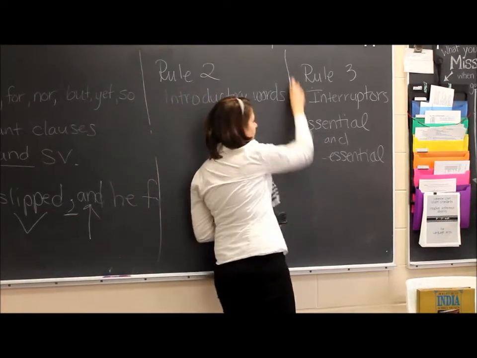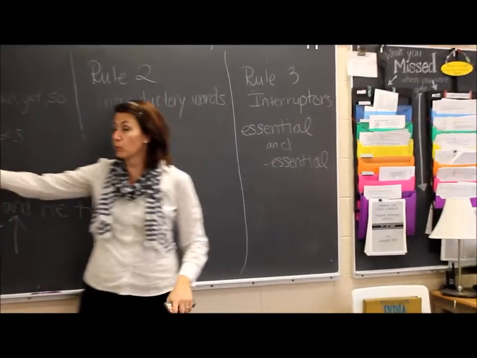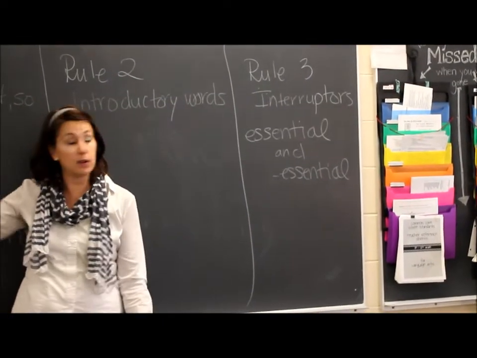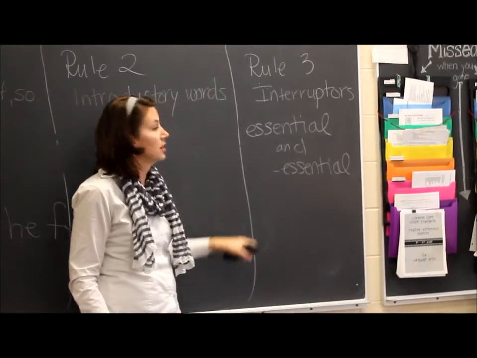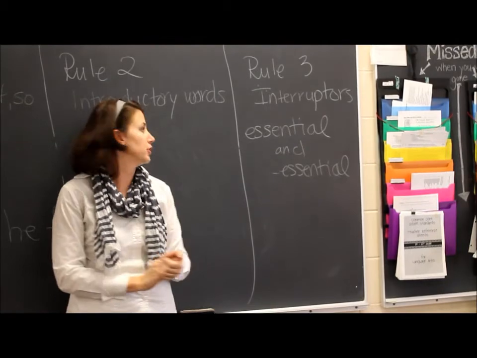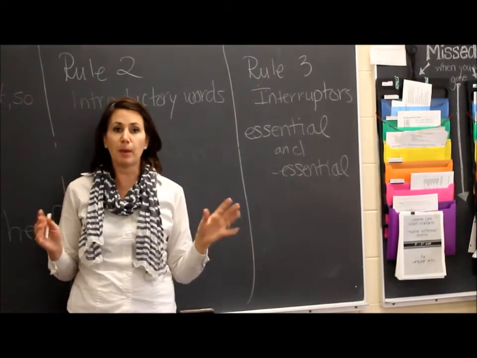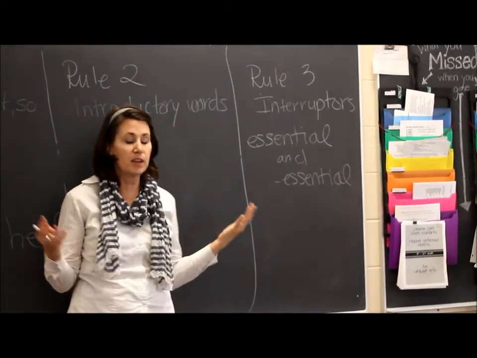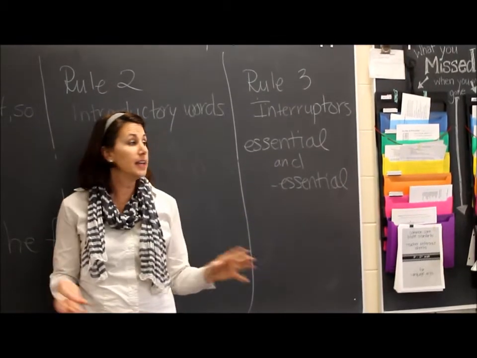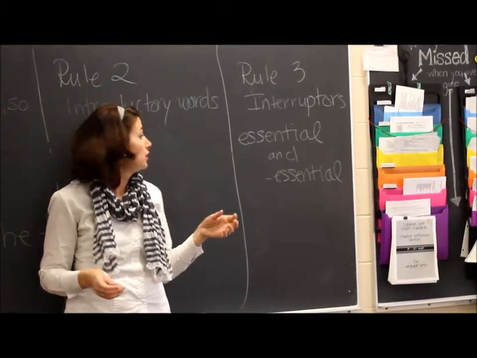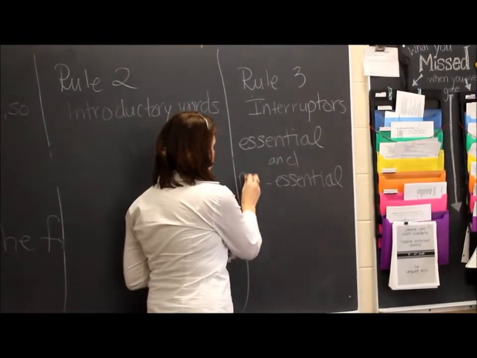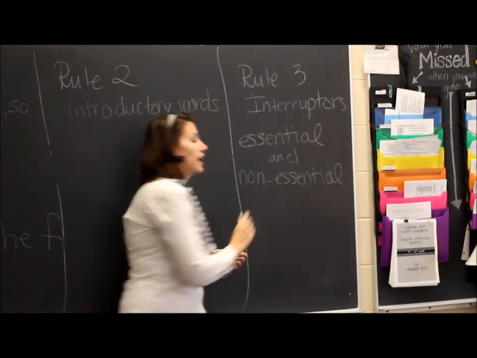Rule 3 is the toughest one to understand. Though rule number 1 is the most common mistake we make, rule 3 is the most difficult to understand. When you have an interrupter in a sentence, if you start your sentence and then interrupt it with a phrase, you need to take it out to see if you use a comma or not.